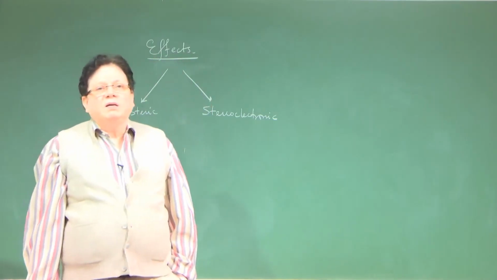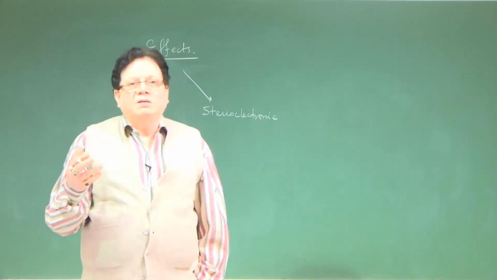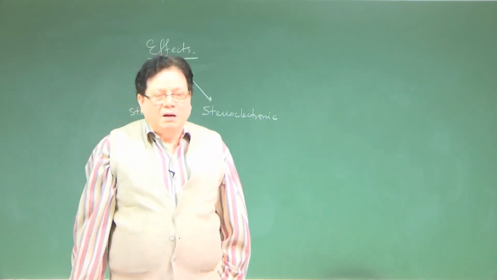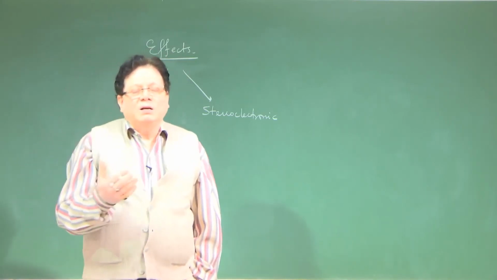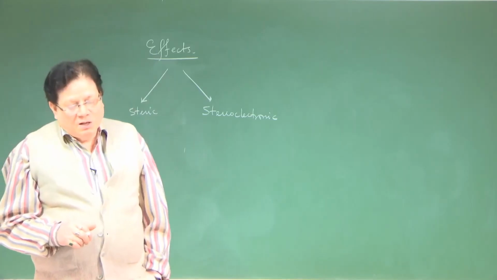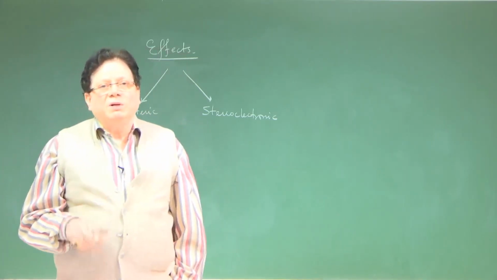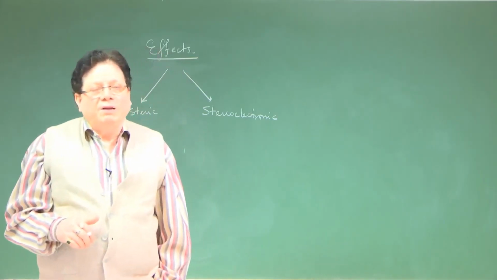Remember, if you think of atoms as rigid balls, then steric effect is basically a kind of mechanical effect, but actually it is not. Atoms are surrounded by electron clouds. So, whenever we talk about steric effects, it is the repulsion between the electron clouds when one enters the domain of the other.